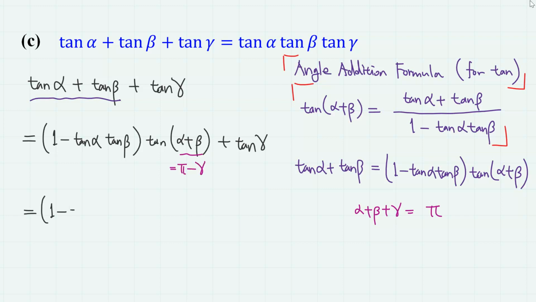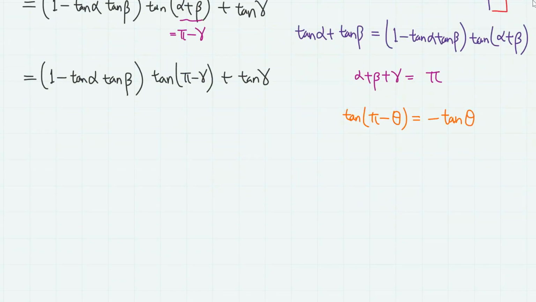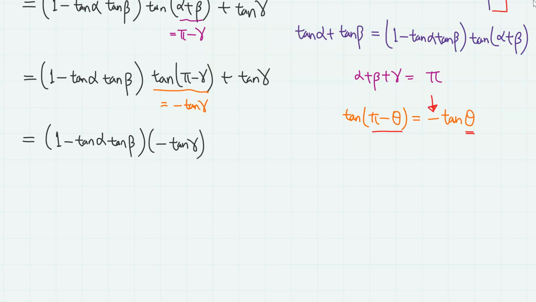So we have tangent (pi minus gamma) plus tangent gamma. And for tangent, we also require a minus sign if you want to change pi minus theta into theta. So since this is minus tangent gamma, we have (1 minus tangent alpha tangent beta) times minus tangent gamma plus tangent gamma.